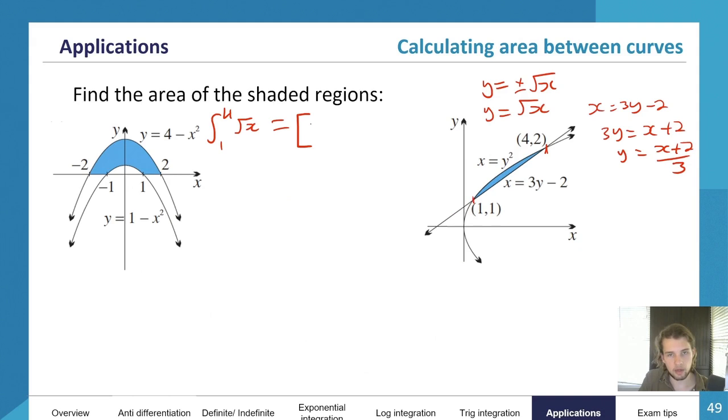It should become x to the power of 1 over 2 plus 1, over 1 over 2 plus 1 there. And that's what it looks like. And then we need to make sure we remember to put our boundaries in there.